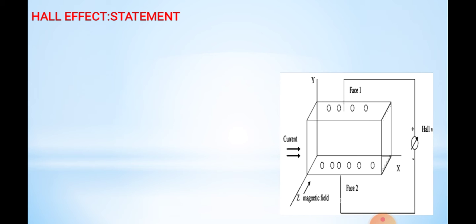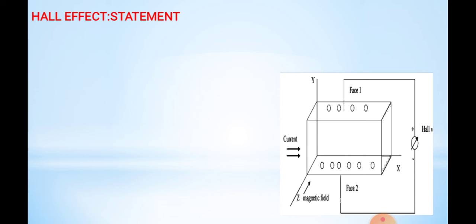Then along the z-axis, I am going to apply a magnetic field. The x and z axes are perpendicular to each other because it is a cubical box, so all the angles between the axes are 90 degrees.